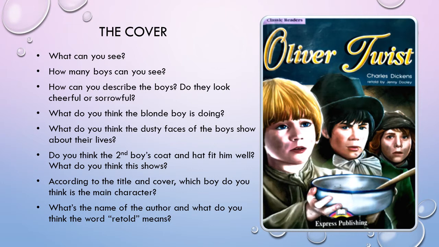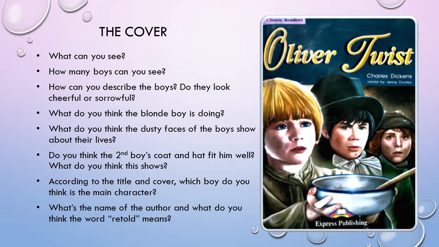They're not wearing proper clothes for their age, correct? As we said, there are 3 of them, and if we are going to describe the boys, I think they look a little bit sad, don't you think? They don't look like cheerful, happy children. They look sorrowful, full of sorrows and sadness.